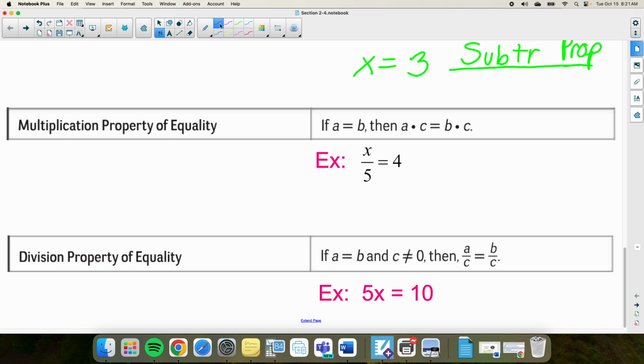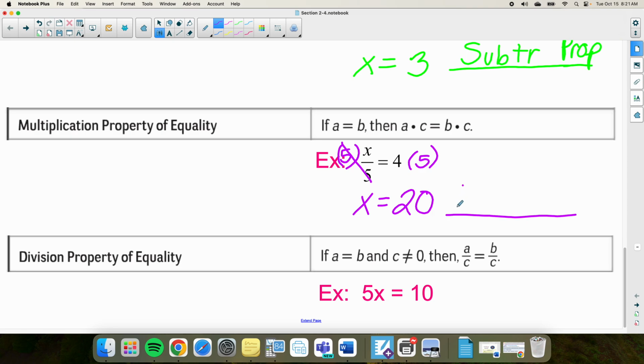Okay, and you do have to put prop, otherwise you lose like a half a point for that on each problem. Okay, so if you go to this one, do you guys know what you would do to solve this? You'd multiply, right? You're basically multiplying by 5 on both sides. So when you multiply by 5 here, these cancel. You multiply by 5 here, and you'd get x equals 20. And again, if you were doing that for the proof, you don't show the work on it.